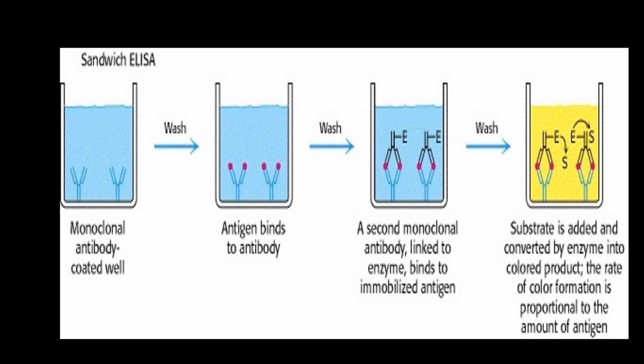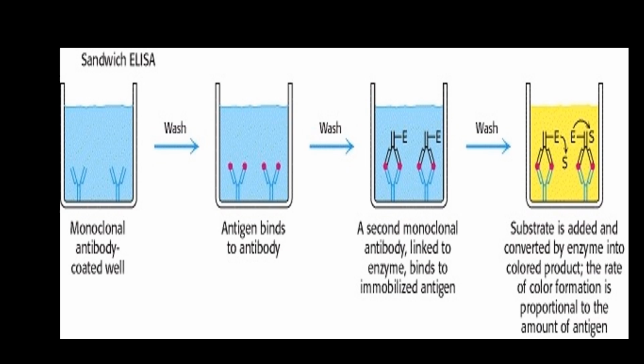Thereafter, after adding the plasma, we need to add a second monoclonal antibody, also specific to the antigen, which is an enzyme-linked antibody, followed by addition of substrate to produce a colored product. This colored product is used to determine the concentration of antigen present in the plasma.